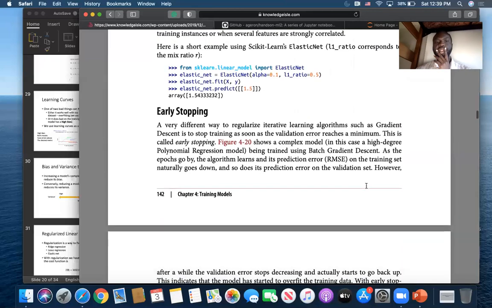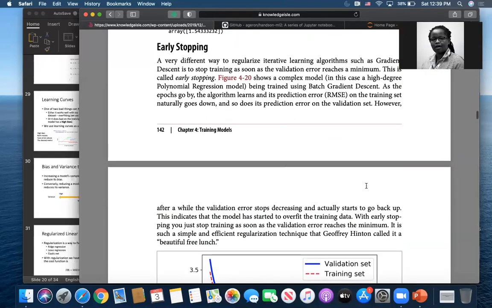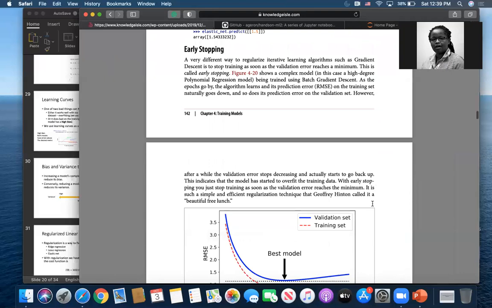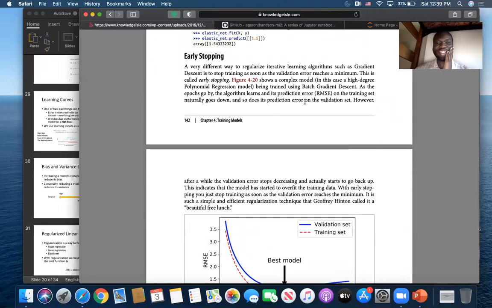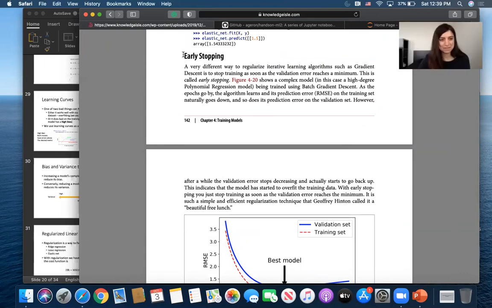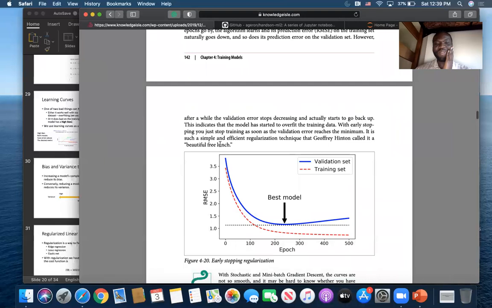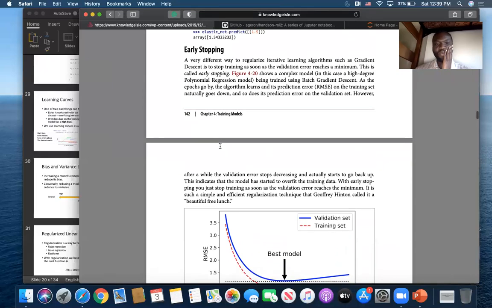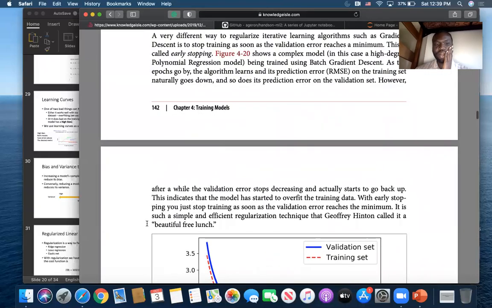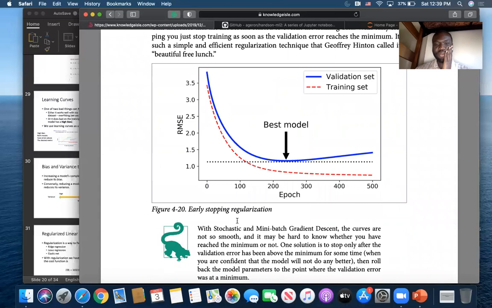Okay, and then just do early stopping. So early stopping is sort of like, I like this one because it's a beautiful feeling. It's just like, okay, whenever we feel like it's learned enough, just stop. And he uses this graph to sort of show it.